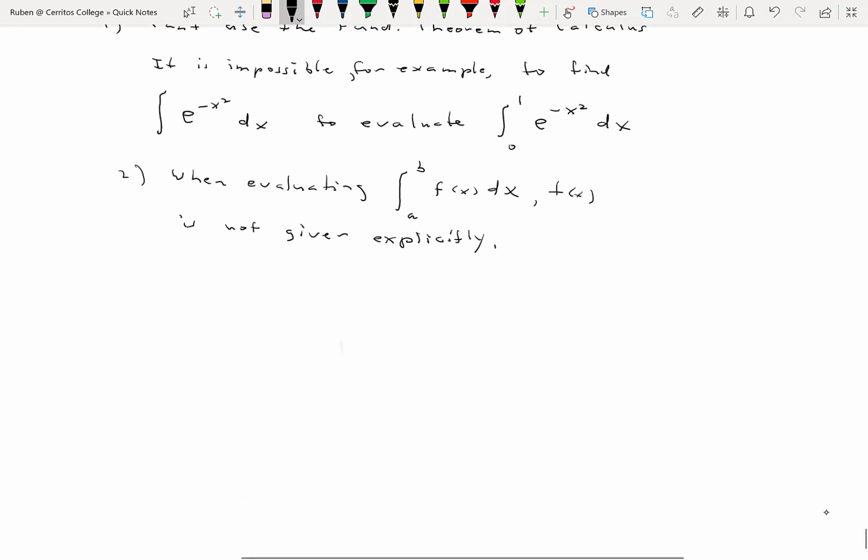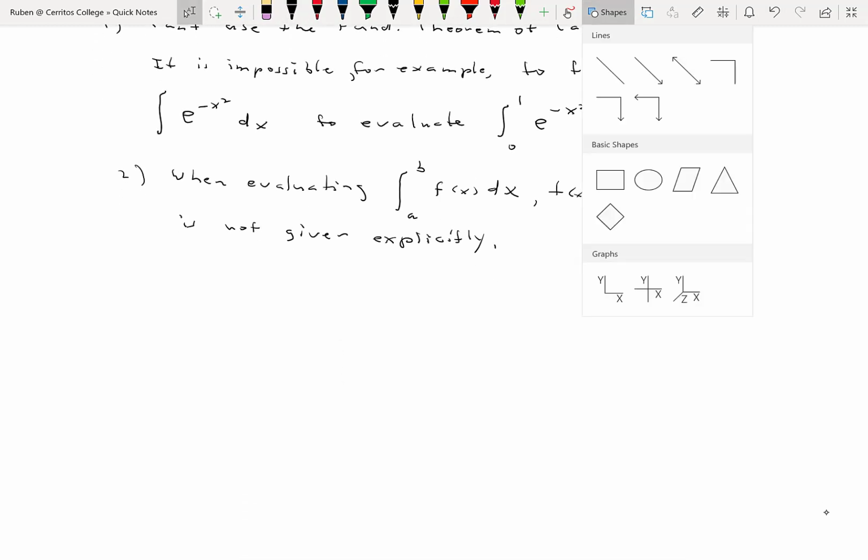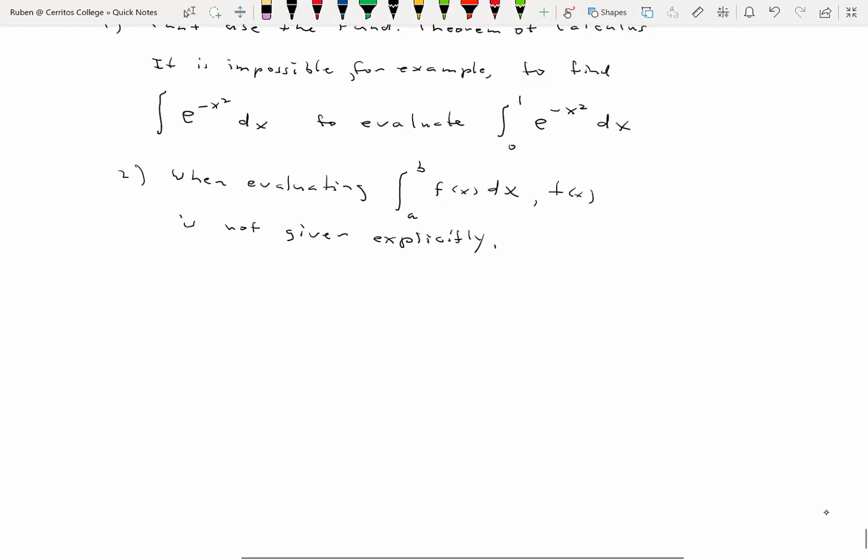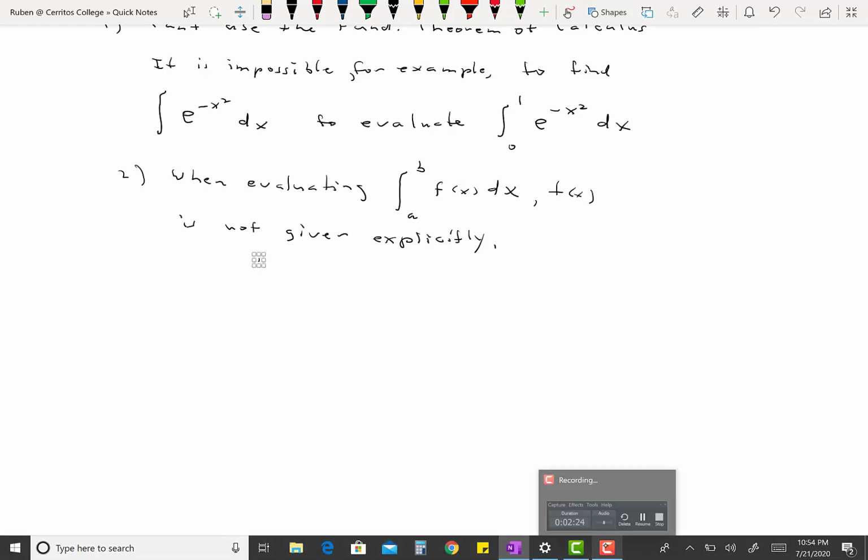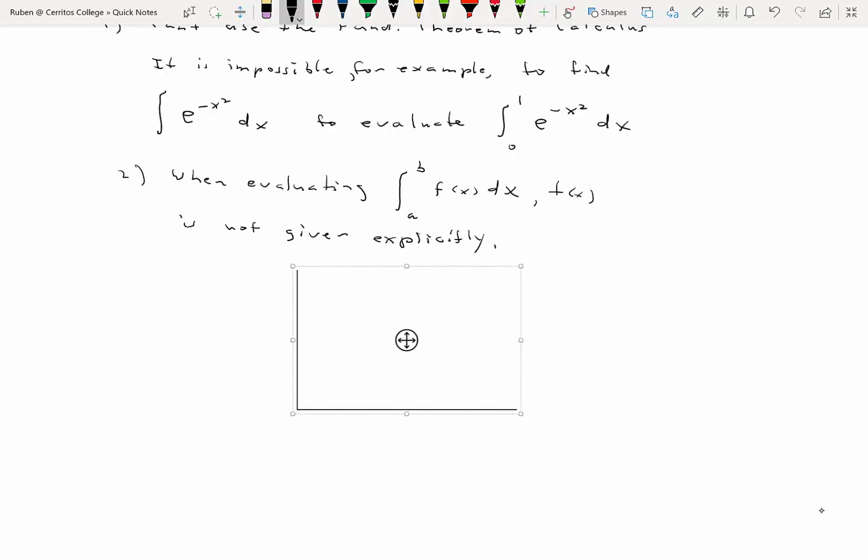What I'm heading toward is the idea, in this very brief example, that my function is not given to me explicitly.